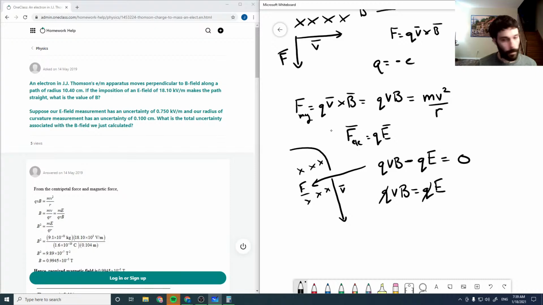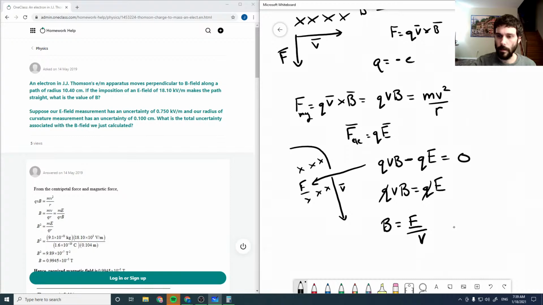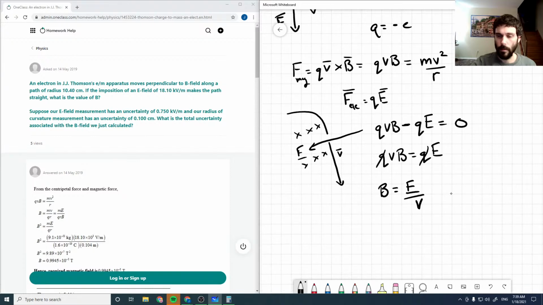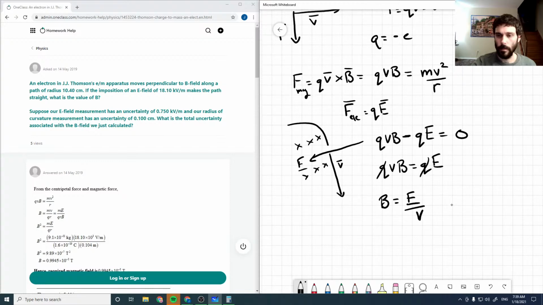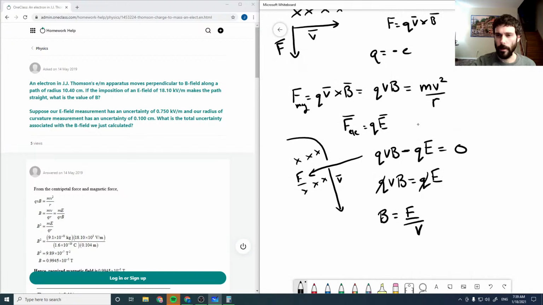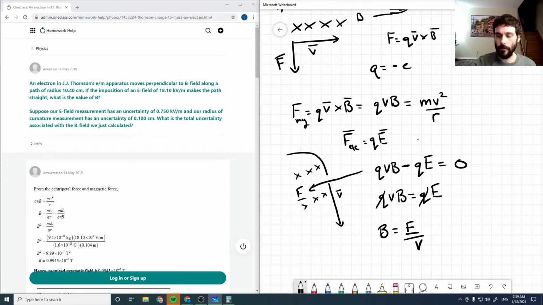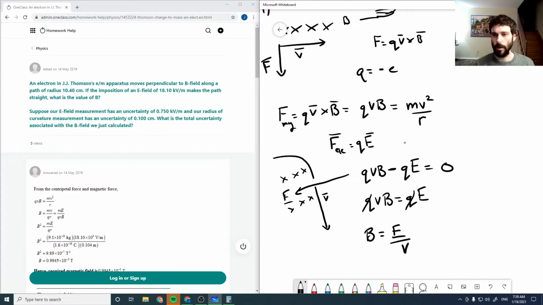What is the value of B? So B is E over v. Okay. So our velocity, we can use this above expression to solve for our velocity. So cancel the v here. Our velocity is just qBr over m.